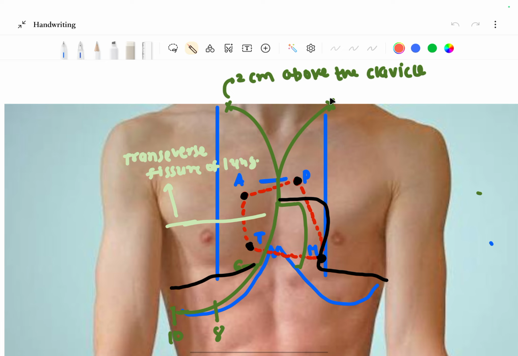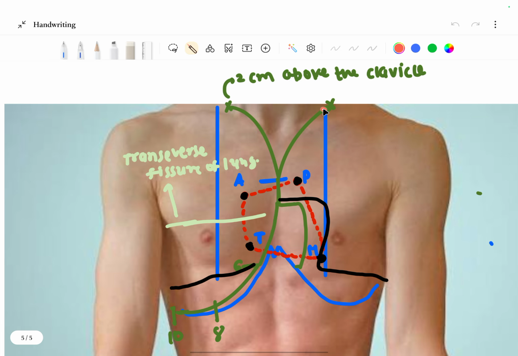Then this will be your second point, which is 2 or 2.5 centimeter above the clavicle, and let us mark this third point at this sternoclavicular junction, at this sternum, and here will be your clavicle. So your apex will be like this.